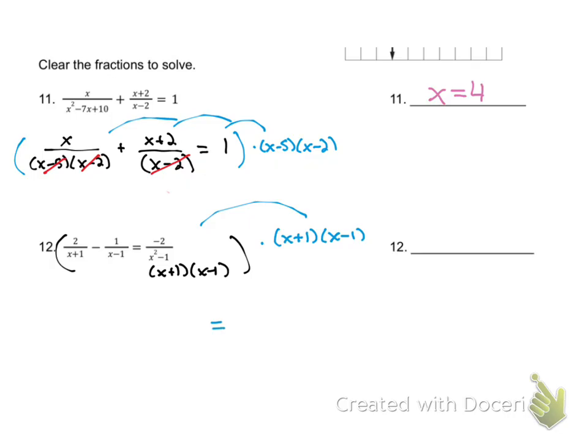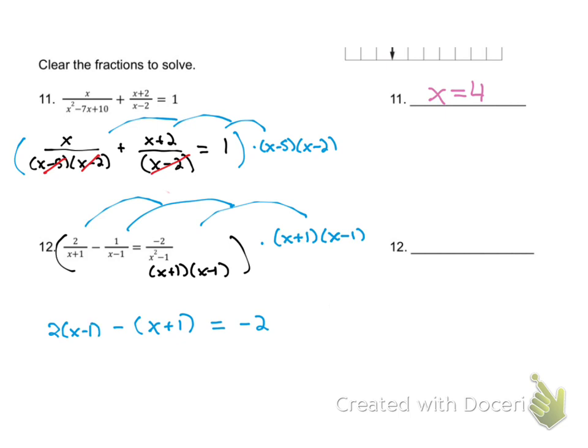We just get equals negative 2. Denominator cancels. Distribute there. X minus 1s cancel, so that'll be minus parentheses x plus 1. Parentheses is important there. Distribute right there. X plus 1s cancel, so we're left with 2 times x minus 1.